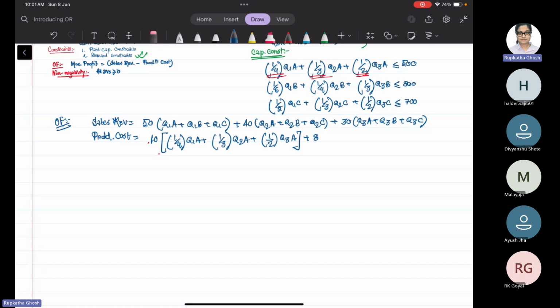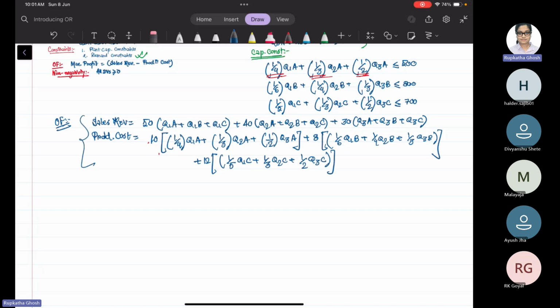Plus 8 multiplied by 1 by 6 Q1B plus 1 by 4 Q2B plus 1 by 3 Q3B, plus 12 times 1 by 5 Q1C plus 1 by 3 Q2C plus half Q3C.